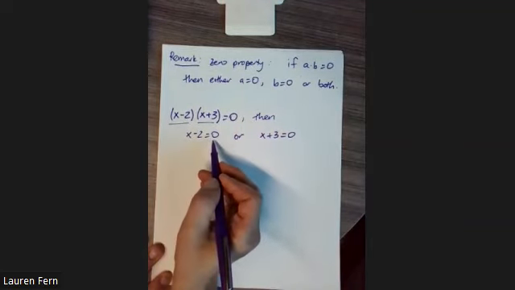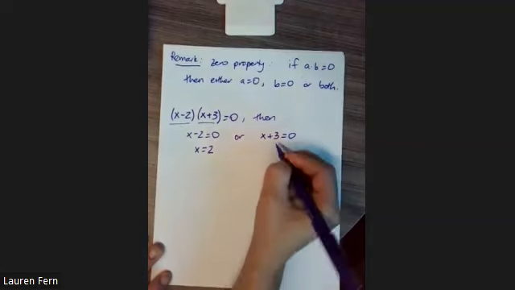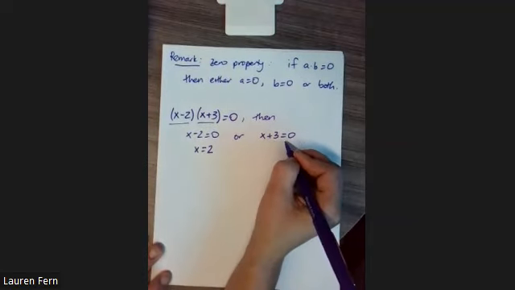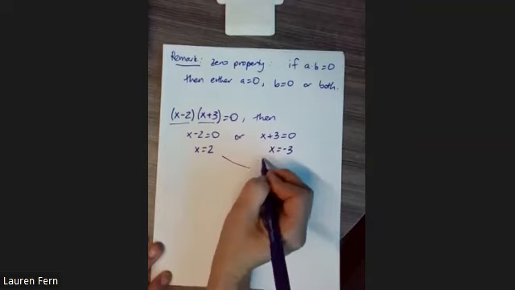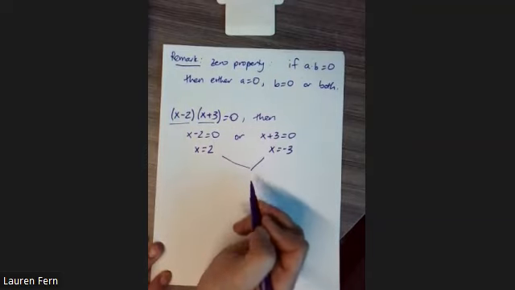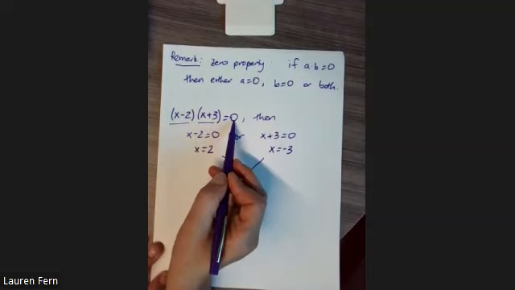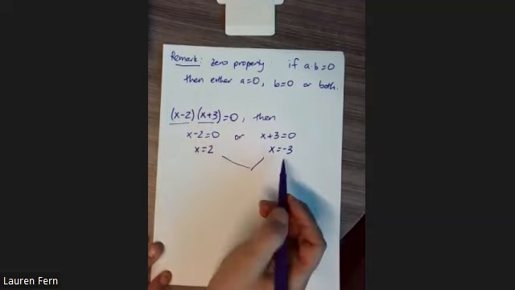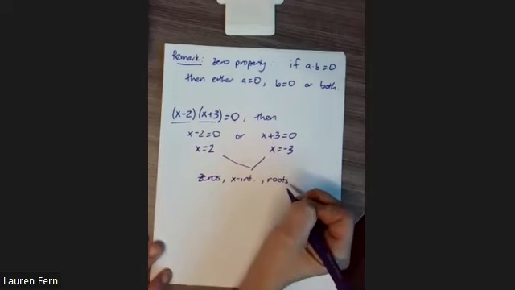Well, what makes this first term equal to 0? We can certainly solve for x by adding 2 to both sides. We get 2. And we can certainly figure out what makes this equal to 0 by subtracting 3 from both sides, and we get x to be -3. In a situation like this, notice, if this was our function and we set it equal to 0, we found what we call our zeros, our x-intercepts, or our roots.